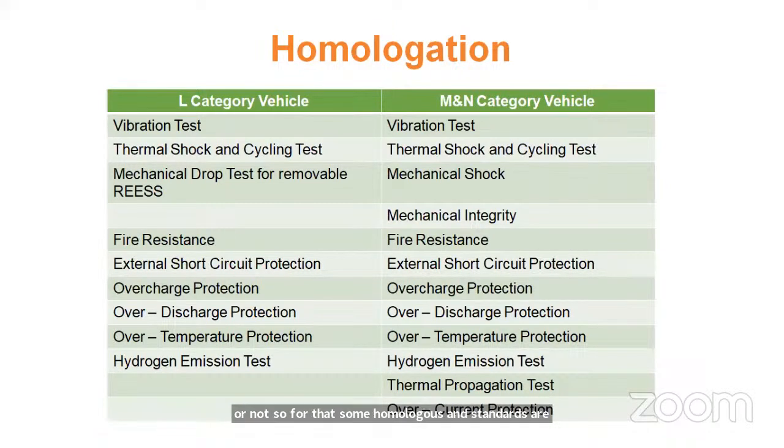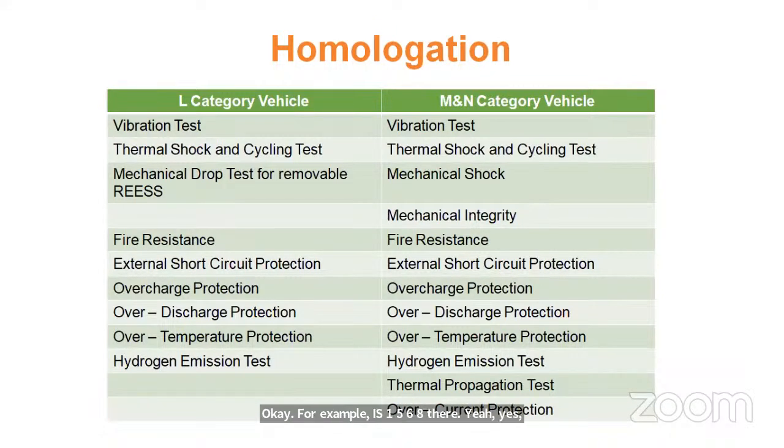In India, we have AIS standards, the automotive standards for our Indian market. There are n number of AIS standards, and among them a few are specifically for the battery pack. For example, AIS 156, AIS 048, AIS 038.